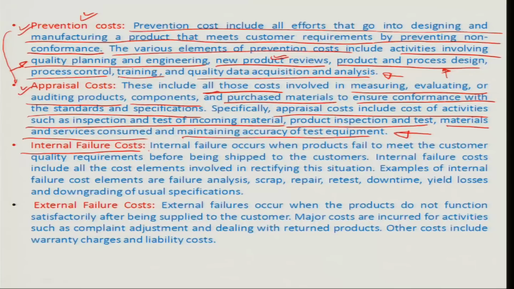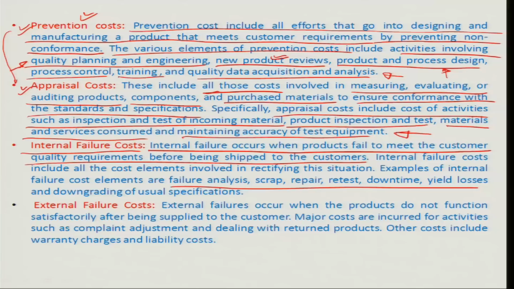Internal failure occurs when products fail to meet customer quality requirements before being shipped to the customer. Examples may be failure analysis, scrap, repair, retest, downtime, yield losses, and downgrading of usual specifications, which sometimes happens because of some constraints and the meeting of production lead time issues.